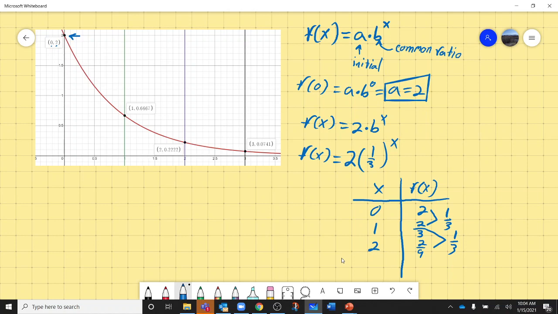So if you try and picture that, you could even plug in 1/3 to the 1,000th power, and I don't know, your calculator might actually round that to 0, but it's still not 0. It's just really close to 0. Okay, so that's why you can never get your graph down actually to 0 with an exponential like this.